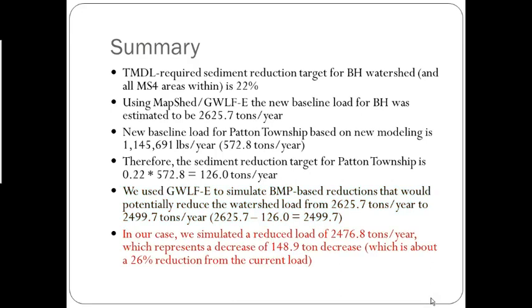In our case, we simulated a new reduced load of 2,476.8 tons per year, which represents a decrease of about 148.9 tons. This is about a 26% reduction from the current load. This is greater than a 22% reduction, and we could go back and reduce some of the BMP implementation in order to get it closer to 22%.